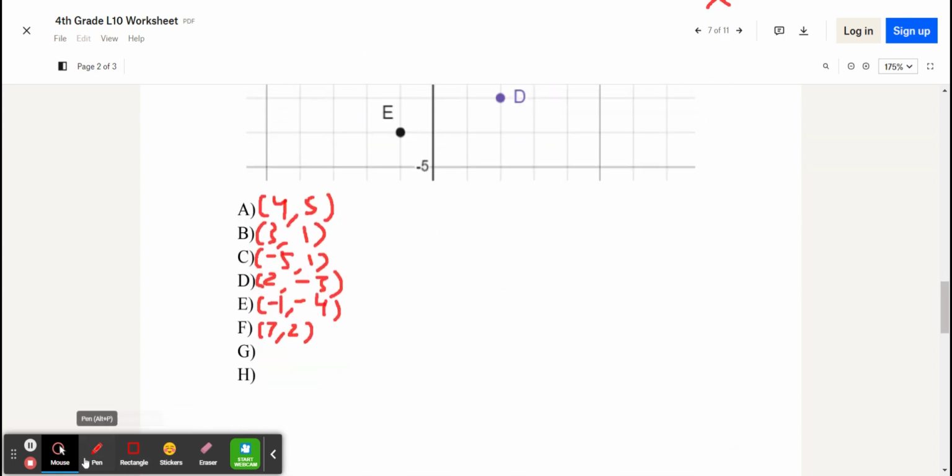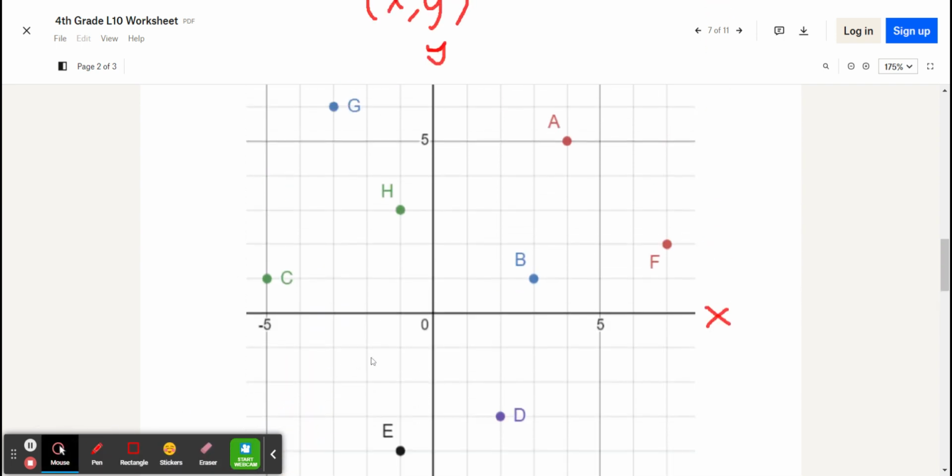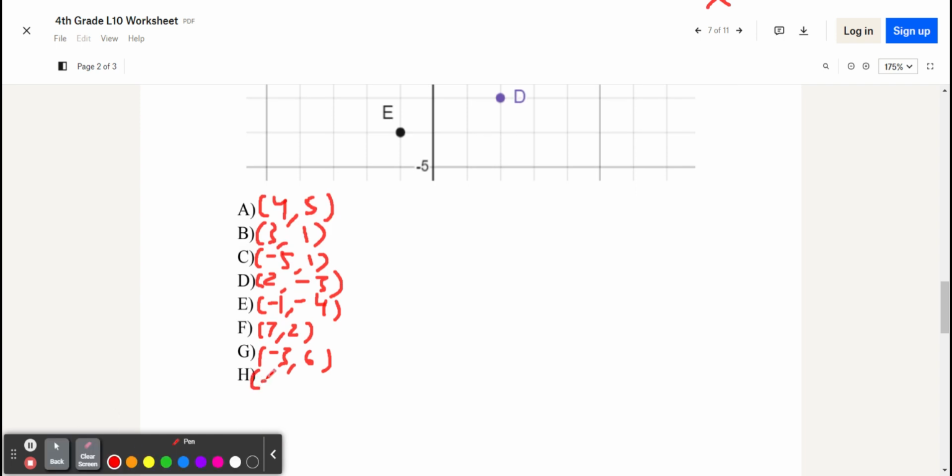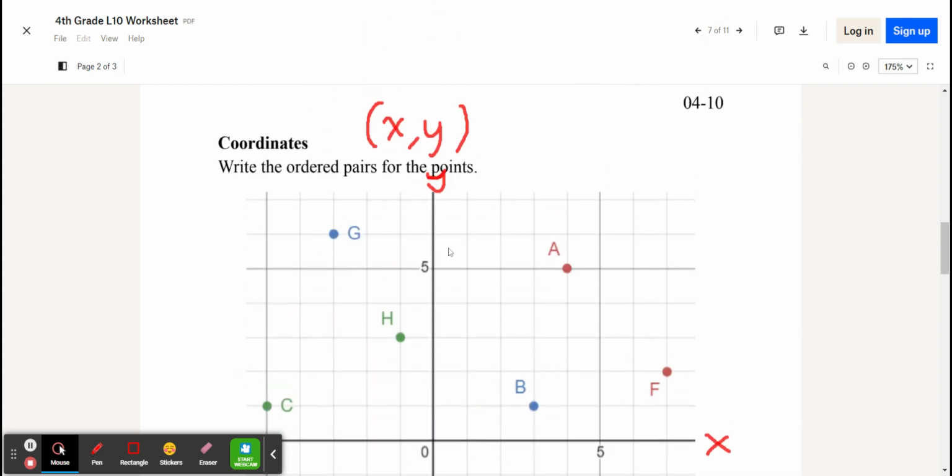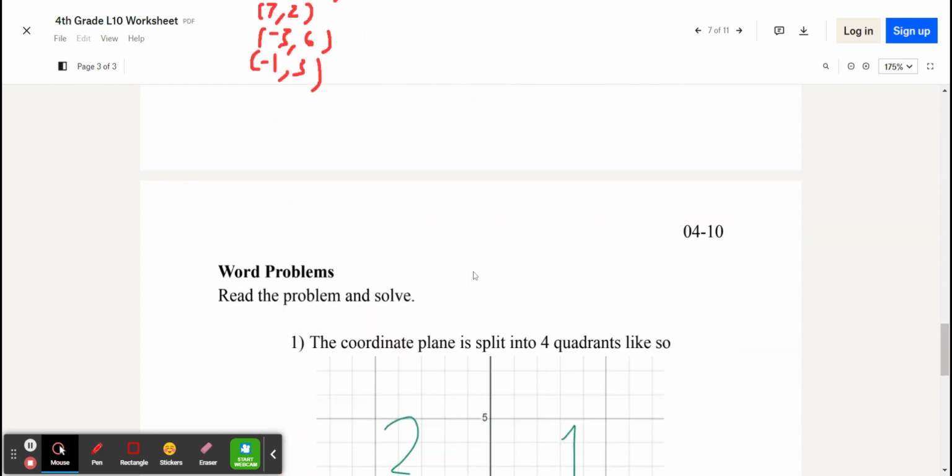So negative 3, comma 6. And then lastly, we have H. And H would be negative 1, then 1, 2, 3. So negative 1, comma 3.